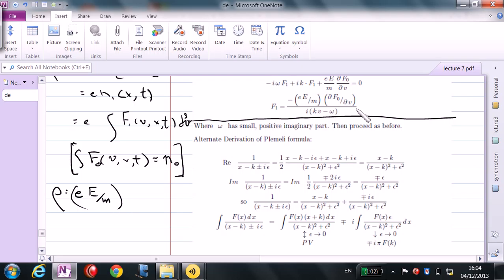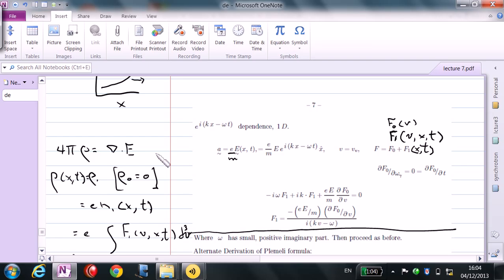That was this, multiplied by ik. Well, I mean, this here I can already say is ik dot E for an electrostatic wave. Okay.